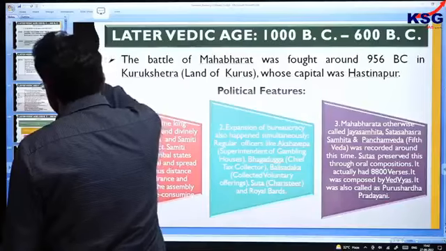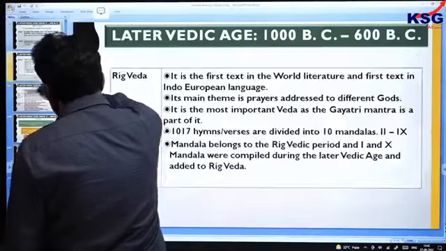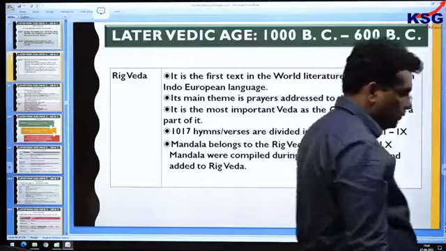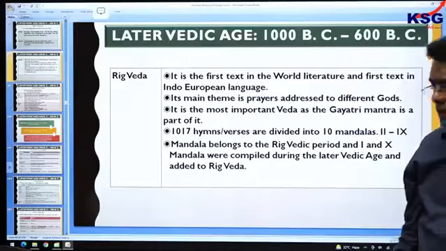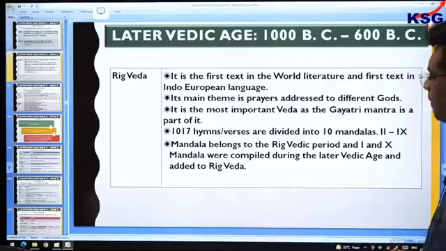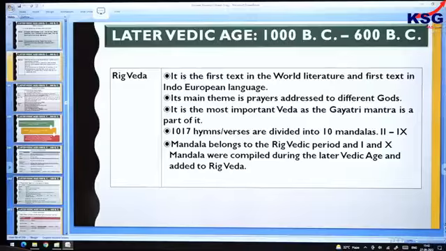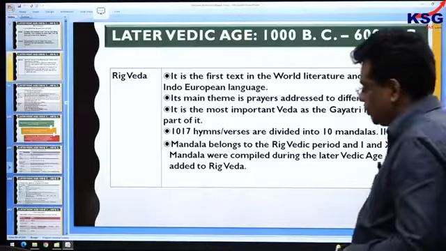Okay, so Vedic literature we have discussed. I told you that there are Ved, Brahman, Aranyak and Upanishad.